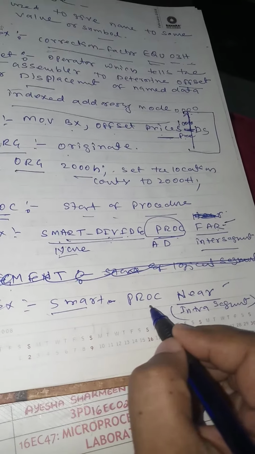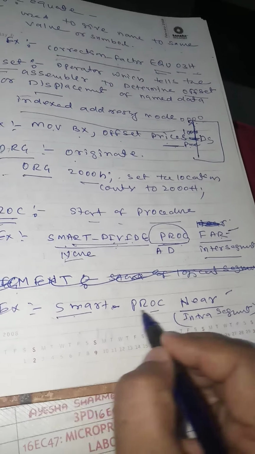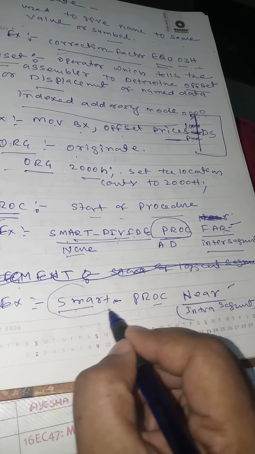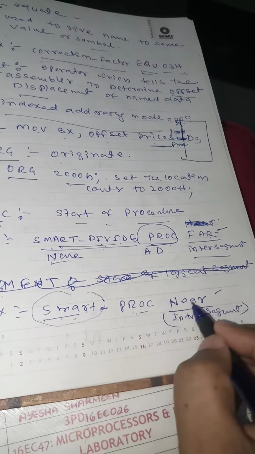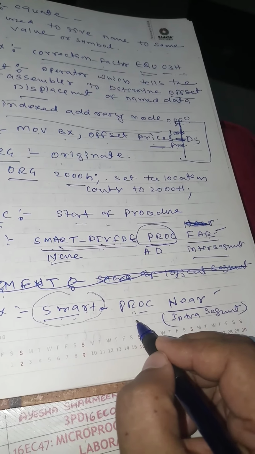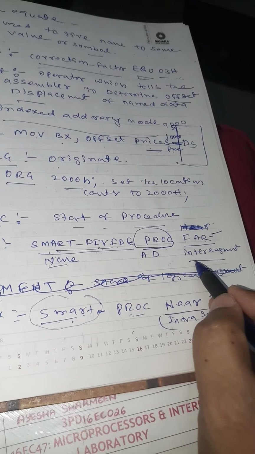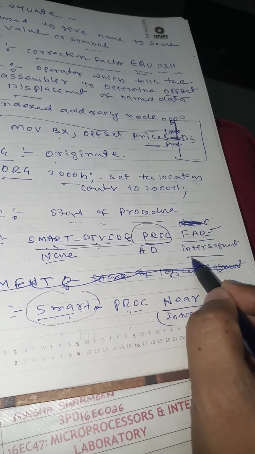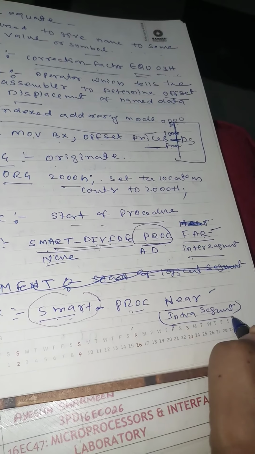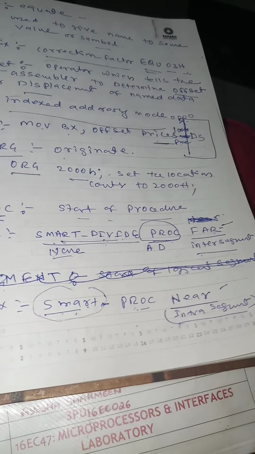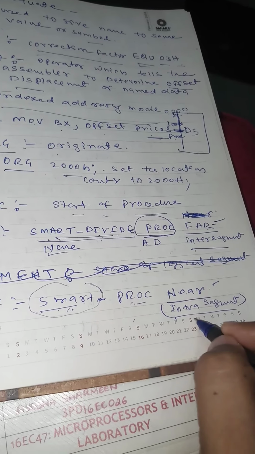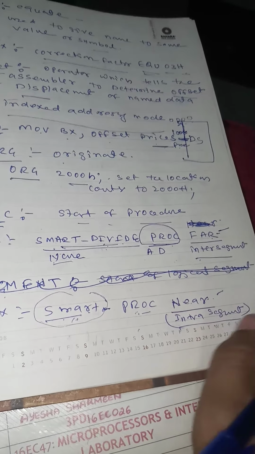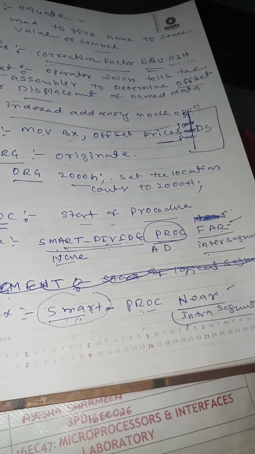Again we have smart PROC, where smart is the name of the procedure. You can call this name anytime, and it will connect to this procedure. Smart PROC near means the proc is present within the segment. Far means outside the segment, inter-segment, and near means intra-segment, within the segment. So this is the procedure.